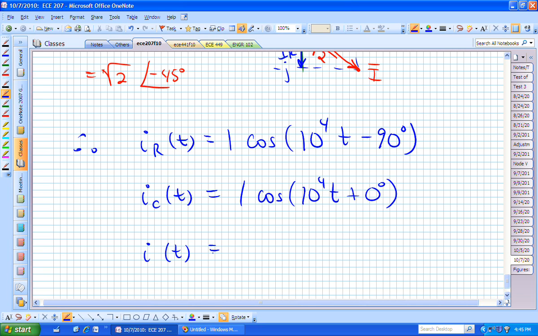That's I. What's its magnitude? Square root of 2. It's still a cosine at the same frequency. What's its angle? And now you can go home and experience those currents. You can draw those and see where they peak. Have a good weekend, and I'll see you on Tuesday.